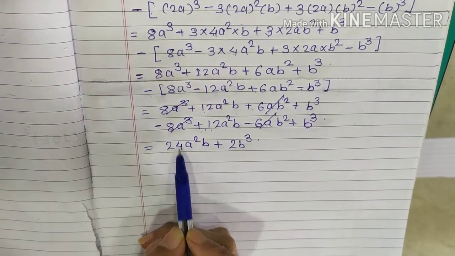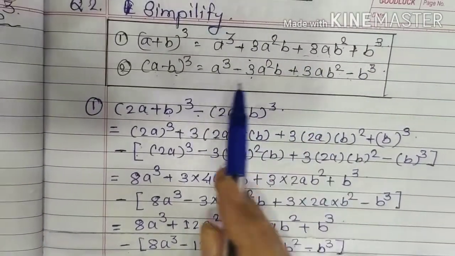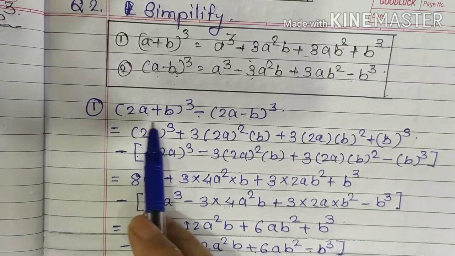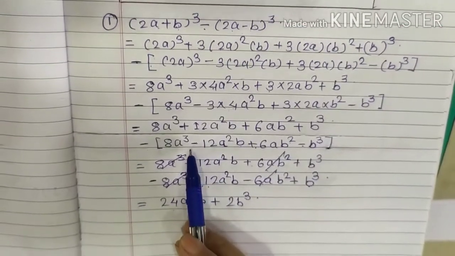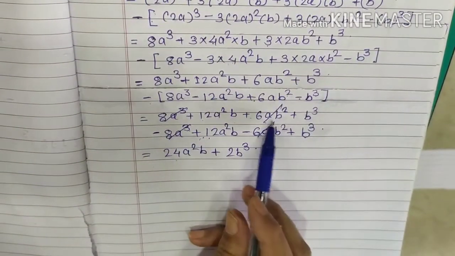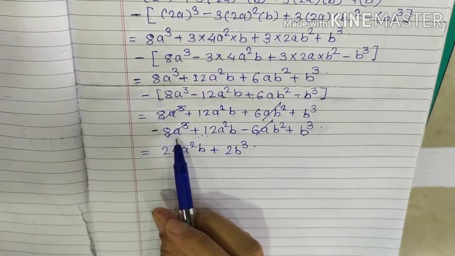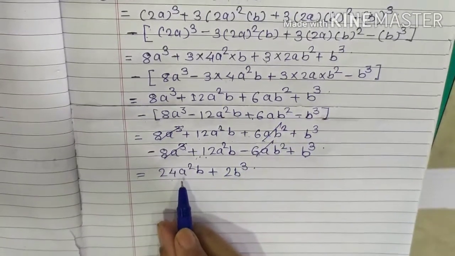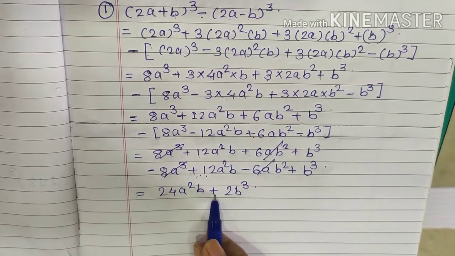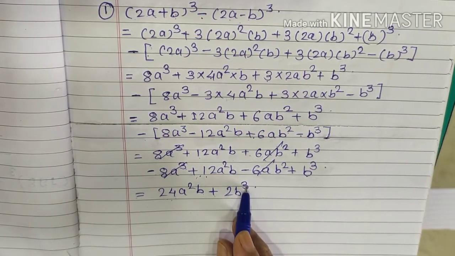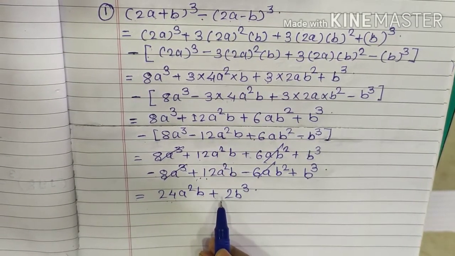Hence, by using these two formulas we expand the given example, and by making additions and subtractions, the unlike terms get cancelled, and we get the answer 24a square b plus 2b cube. Like this, by using the formulas, you simplify the examples.